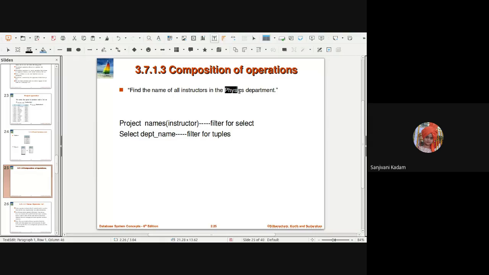First, I need to apply the condition that all should belong to the physics department. So select should be applied first.